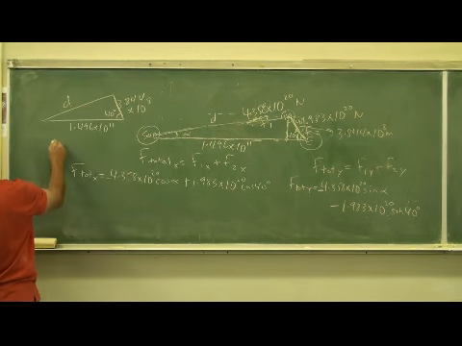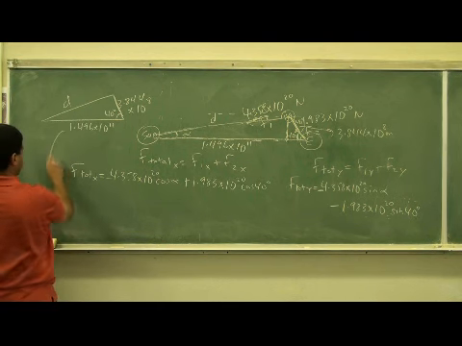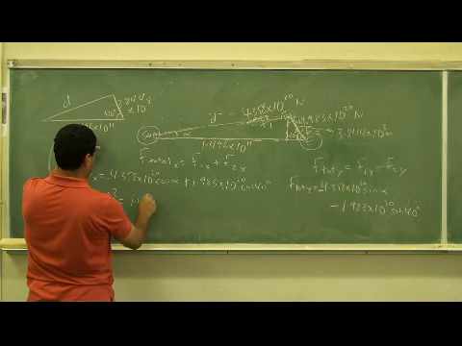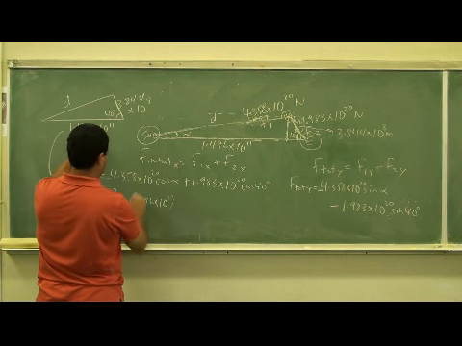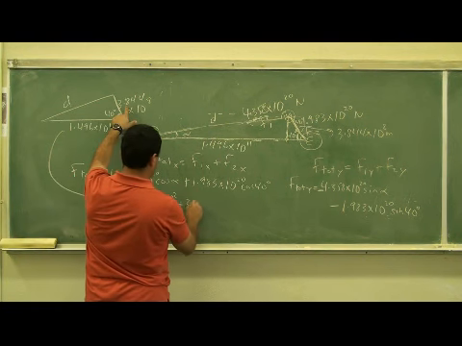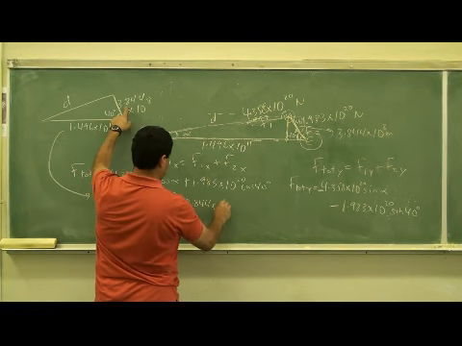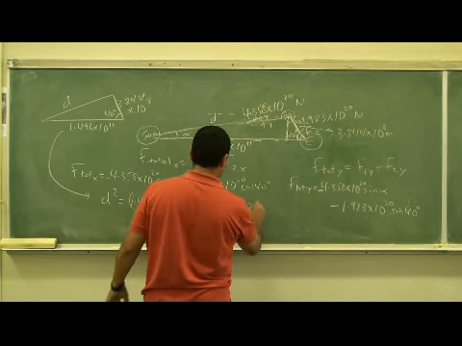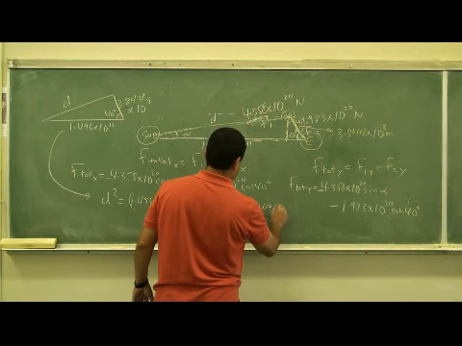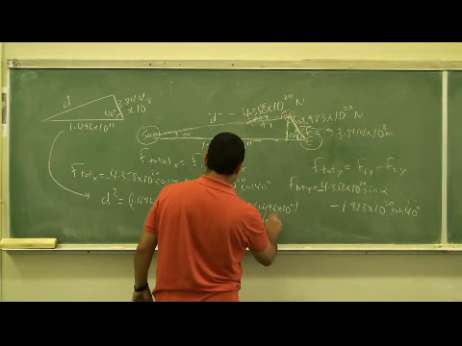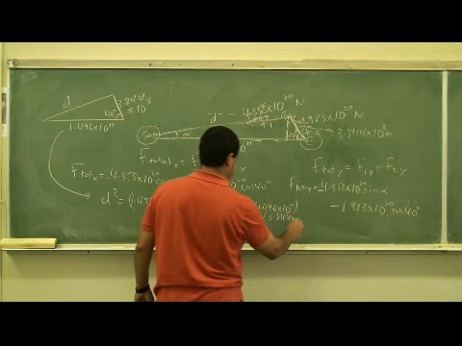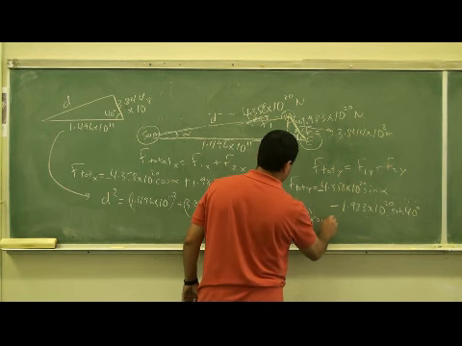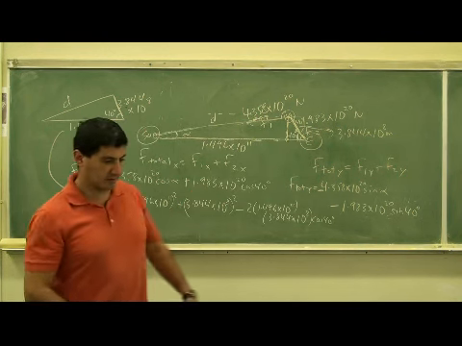And we could say D squared, let's write it here. D squared is equal to this squared plus this squared, law of cosines, minus 2 times the product of them, times cosine of 40, cosine of that angle.